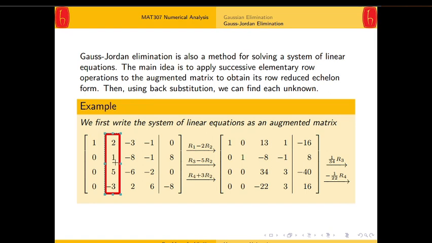So this one will remain and the other entries will be 0. To make them 0, I need to multiply the second row by 2 and then subtract the result from the first row, and also multiply by 5 and then subtract the result from the third row, and also multiply by 3 and add the resulting vector to the last row.